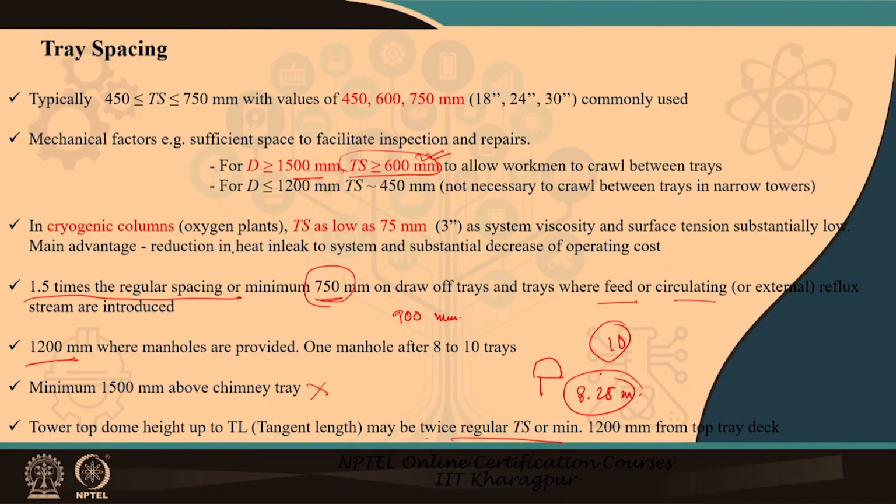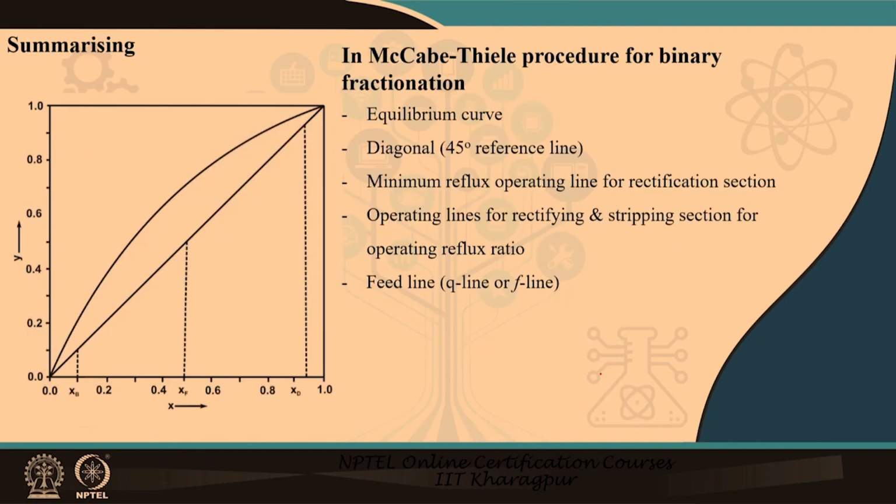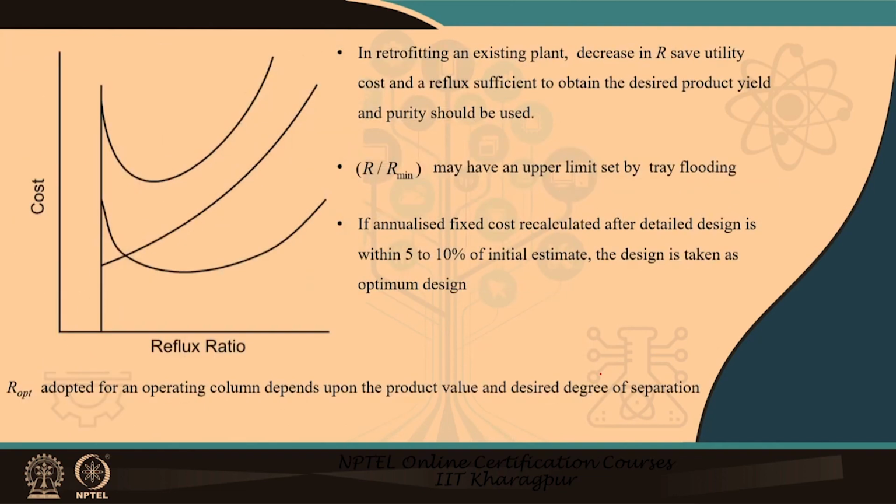From everything you can find out the capital cost, the operating cost, and the total cost. Repeat this calculation for different reflux ratios, generate this curve, find out the optimum reflux ratio, and then you can proceed to find out the actual number of stages for an optimized design.